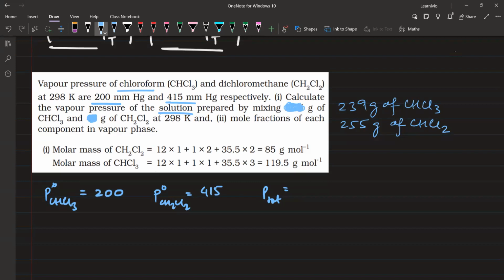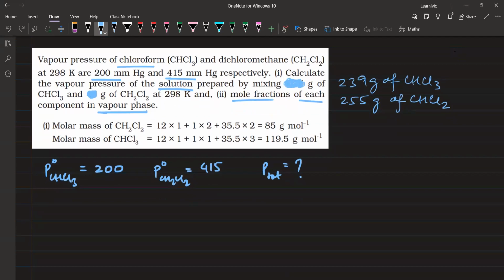By mixing this much, in order to have the P total, you need to calculate chi A and chi B, or just calculate chi A and use that one formula. Then calculate the mole fractions of each component in the vapor phase. We have just seen the vapor phase formula also, right? So please try this, take your time. First thing that you will do is calculate the number of moles of CHCl3, and you will tell me the number of moles. Let me write one more thing here, that is the given mass.